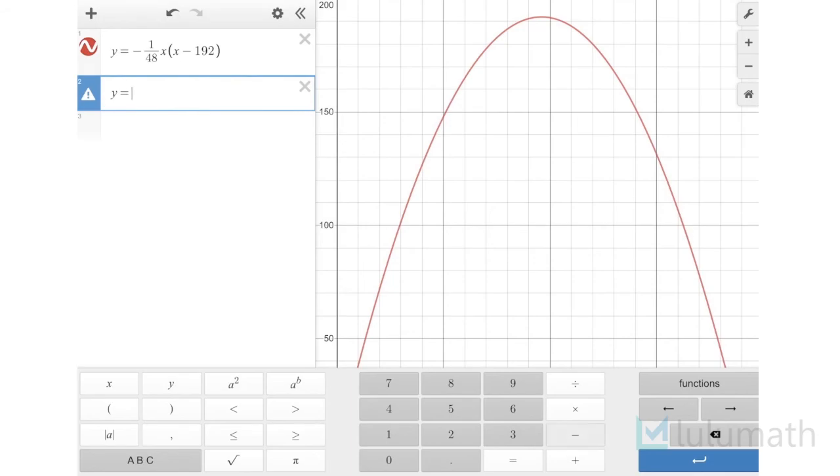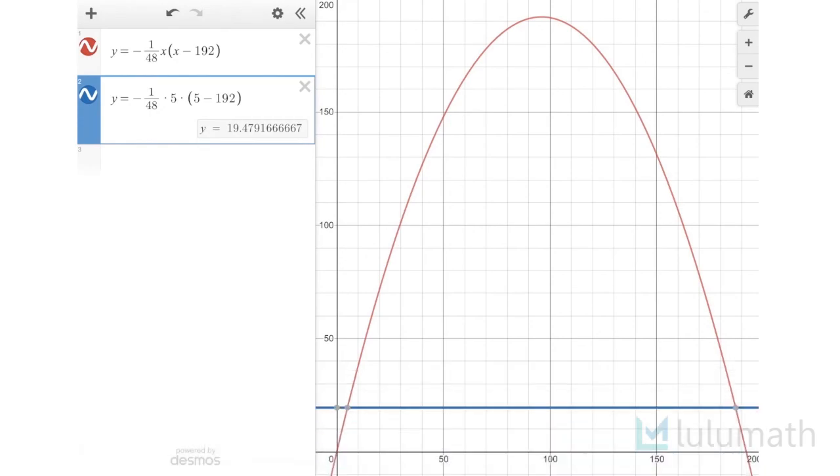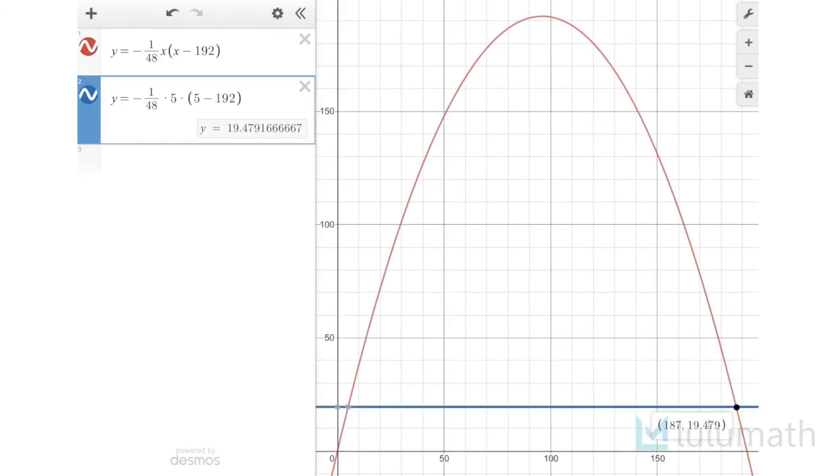So I'm going to do negative 1 over 48 times 5 times 5 minus 192. So here we can see that y is equal to approximately 19.5. Okay, and then if you look on the other side here, this occurs at 187 meters for our width. And since we're trying to go from 5 to 187, that is a distance of 182 meters.